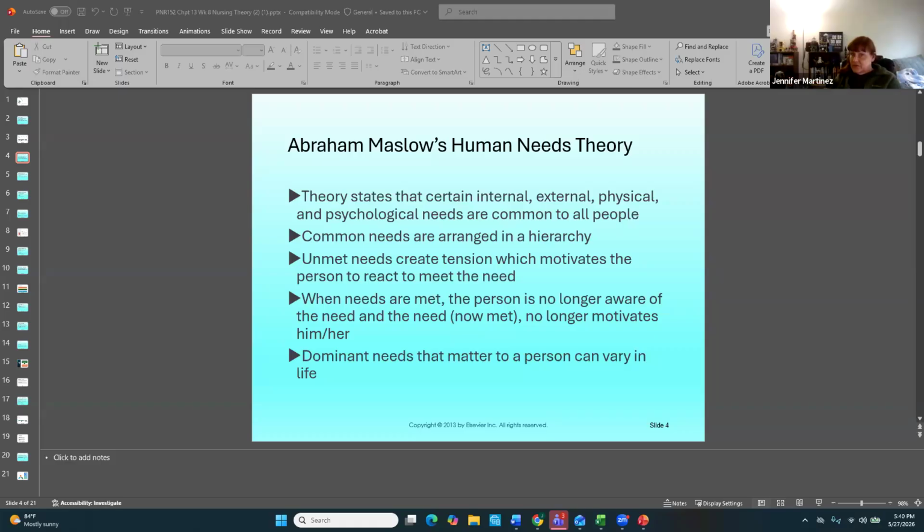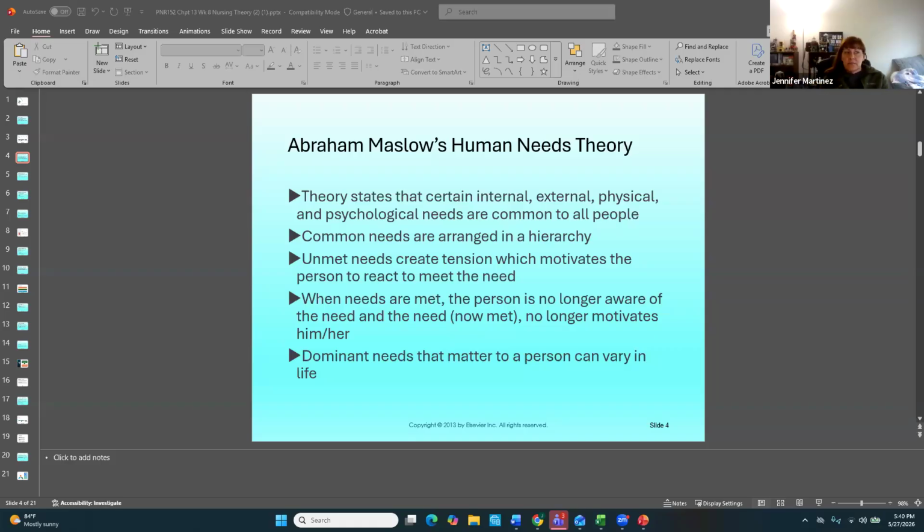It's going to motivate you to find food and water. Once those needs are met, then the person's no longer aware of the needs and the need no longer motivates them, right? So if I have access to food and water, and I'm safe and I'm able to rest, and all my basic needs are met, then I can start to move up that hierarchy.